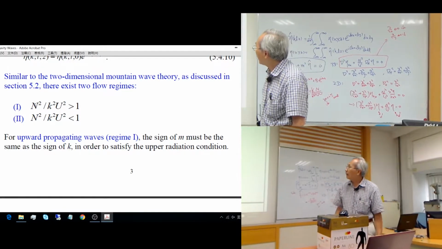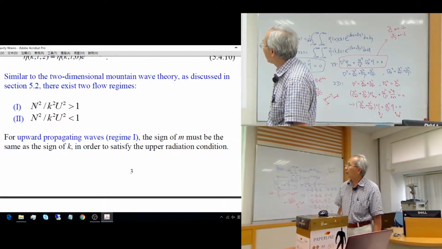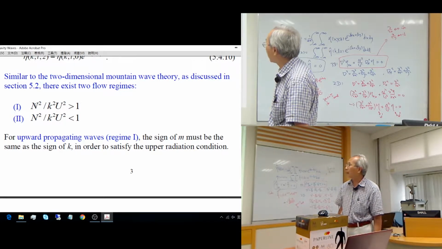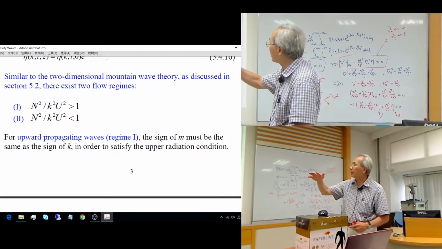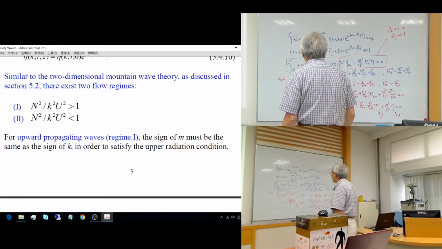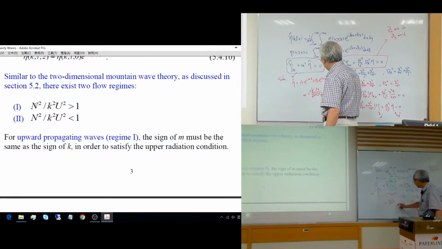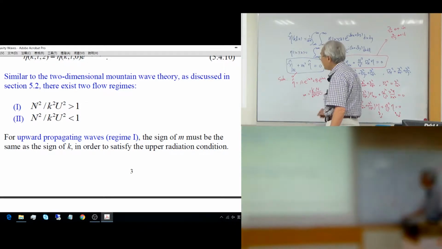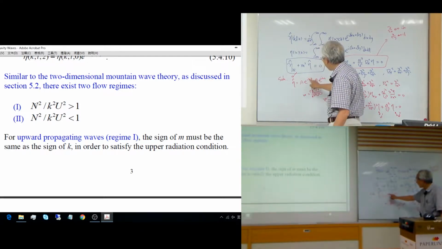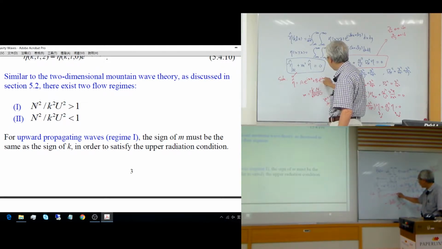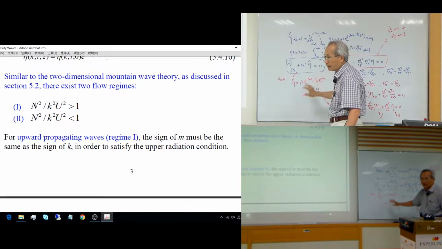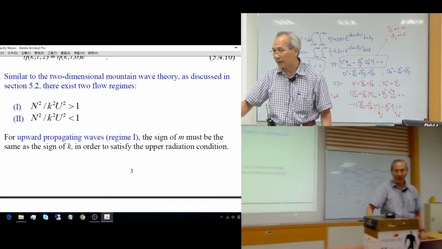And then N squared over k squared U squared less than 1 is evanescent flow, because that gives us the imaginary m. Then those terms become e to the negative n z and e to the positive n z, and this will be gone because our forcing is at the lower boundary.